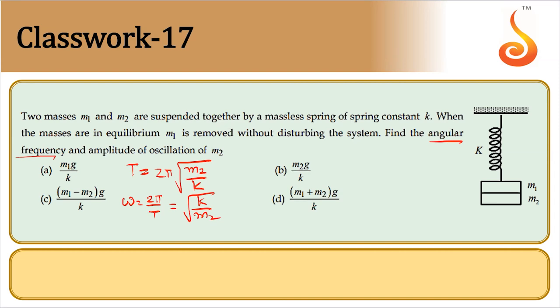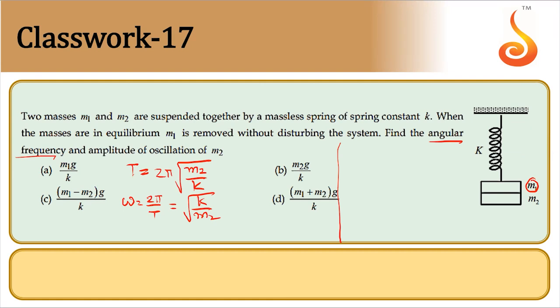See, what should be the amplitude? When you remove M1, it comes to equilibrium. So what will be the stretched position? That should be the amplitude. When you remove M1, it will come to equilibrium at M2, that is the equilibrium position, right? So now it will oscillate.